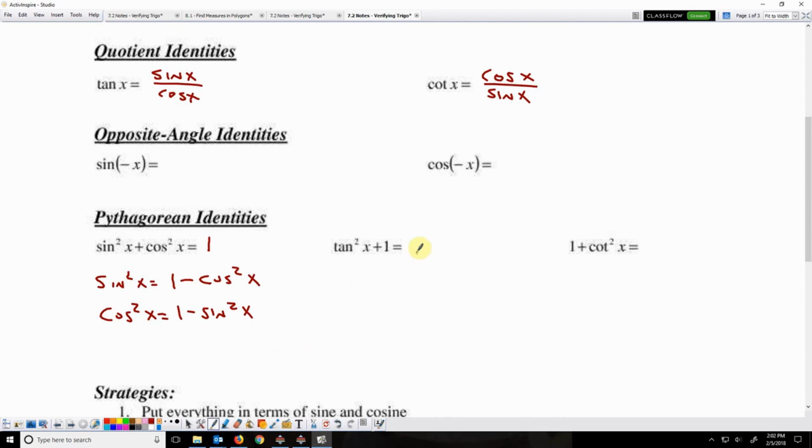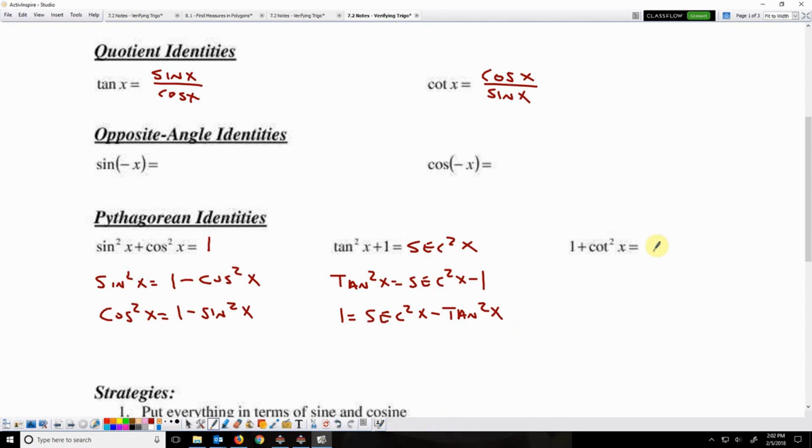Tangent squared x plus 1 is equal to secant squared x, which means tangent squared x equals secant squared x minus 1, and 1 equals secant squared x minus tangent squared x.